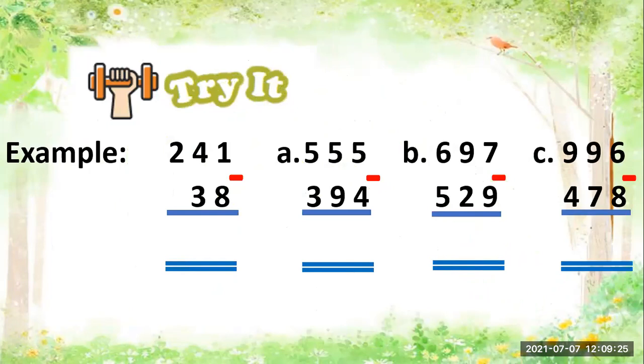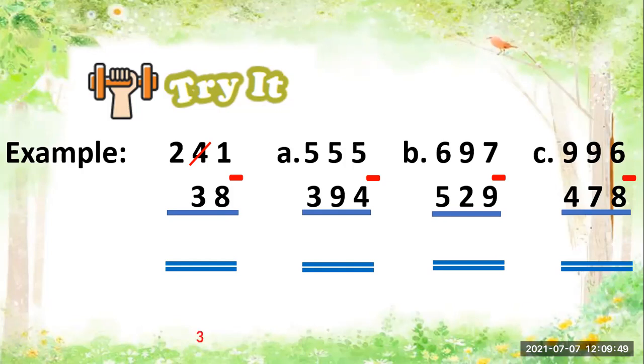Now here, as you can see here in example number 1, 241 minus 38 is equal to, since we cannot subtract 8 from 1 because 1 is smaller than 8, so we will borrow 1 ten from 4 tens. So 4 tens, we will rename this one. We will change the name of 4 tens.